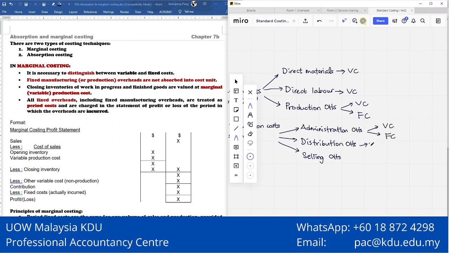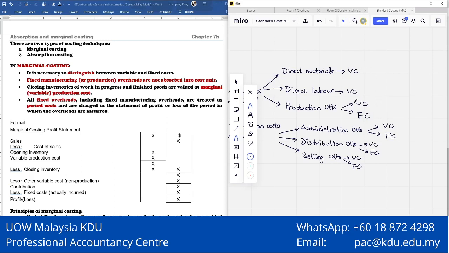Variable, fixed. So if I am going to use marginal costing, the feature here is that it is necessary to distinguish between the variable and the fixed cost. Variable cost and fixed cost have to be separated. We cannot put them together.